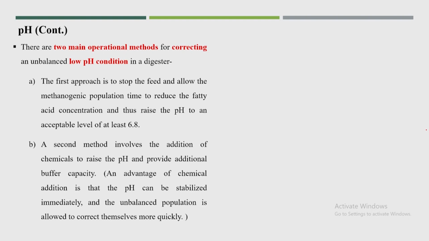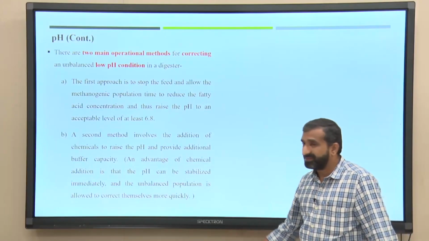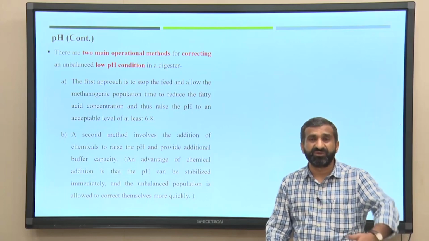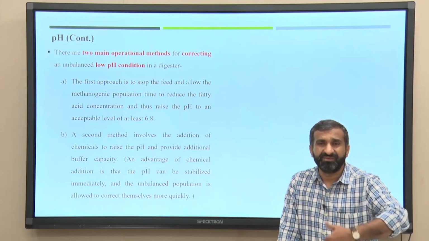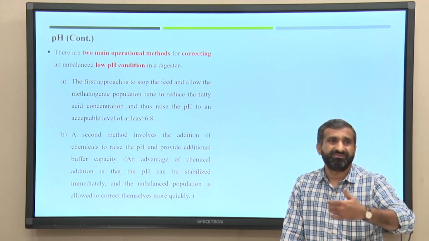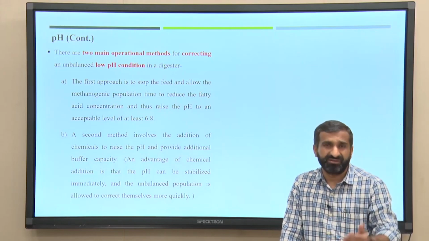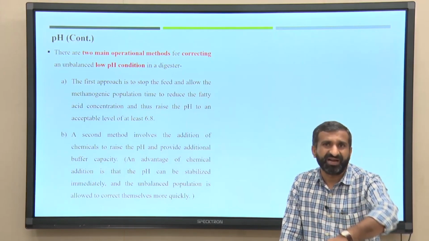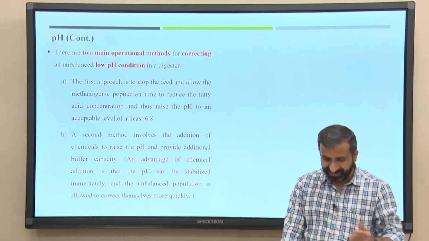In the first case we have to wait a few days before feeding the reactor, but in the second method, by addition of some kind of chemical, mostly alkali, maybe sodium hydroxide or potassium hydroxide with different normality, we can raise the pH immediately in the reactor.